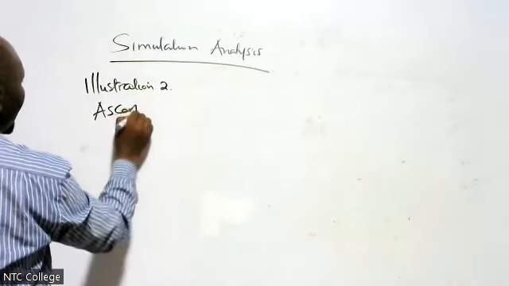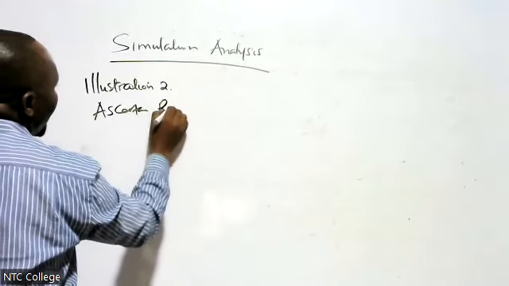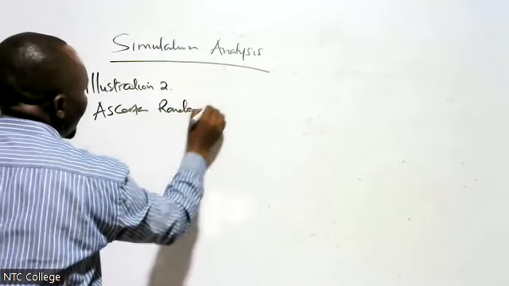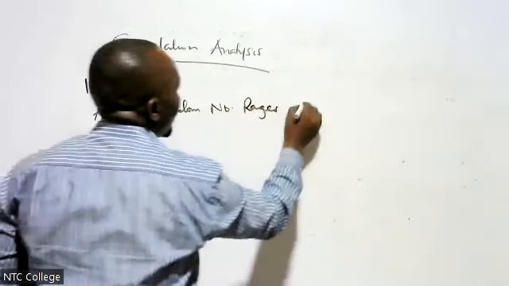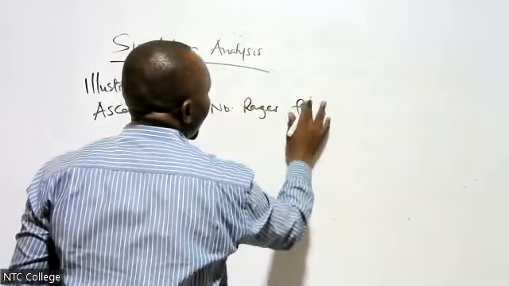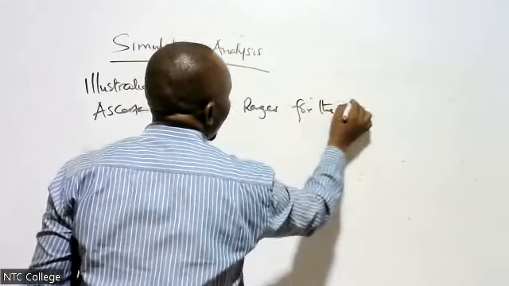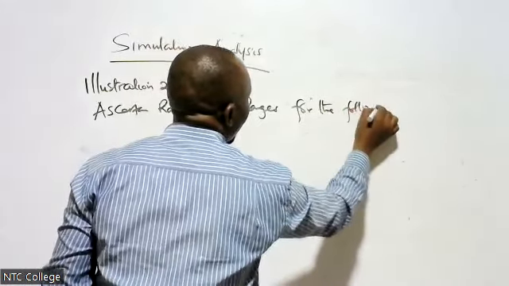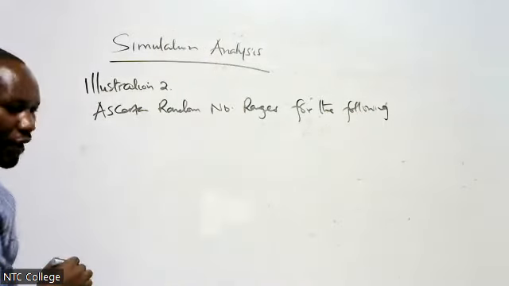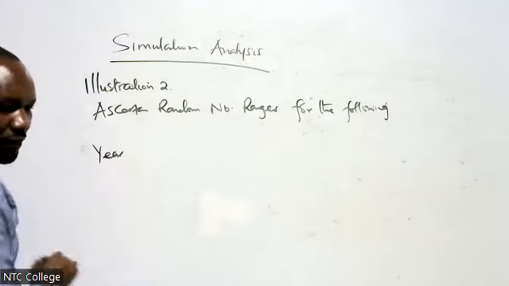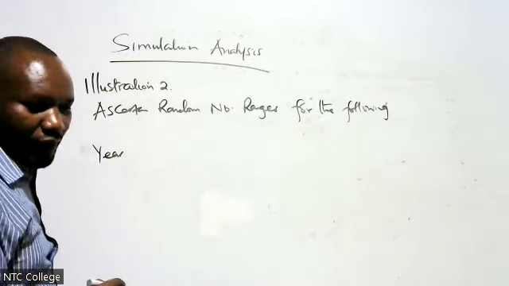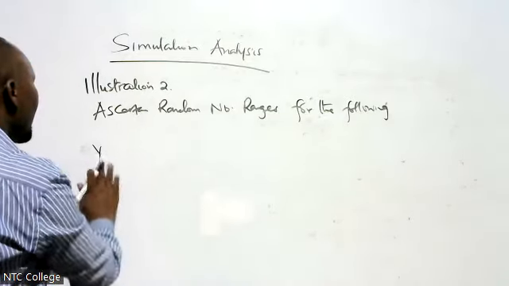Ascertain random number ranges for the following. We have year 1 cash flow.